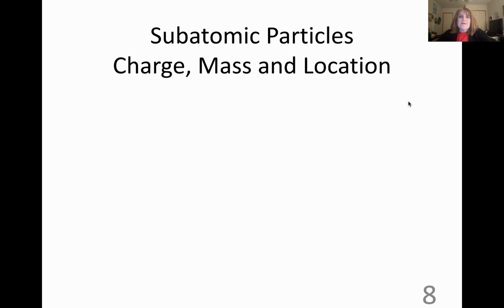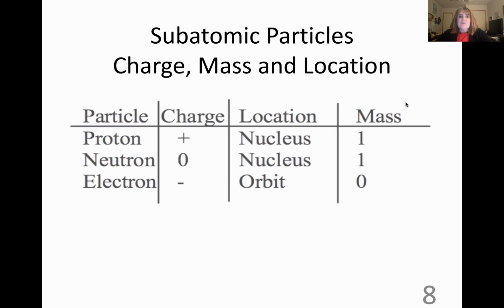Let's talk about the subatomic particles. You are going to encounter 3 subatomic particles. You need to know their charge, mass, and location. Your subatomic particles are protons, neutrons, and electrons. Protons have a positive charge, are located in the nucleus, and have a mass of 1.